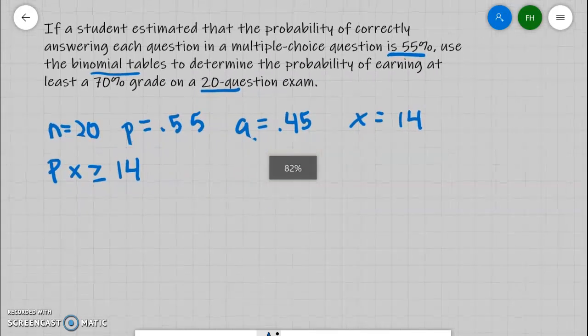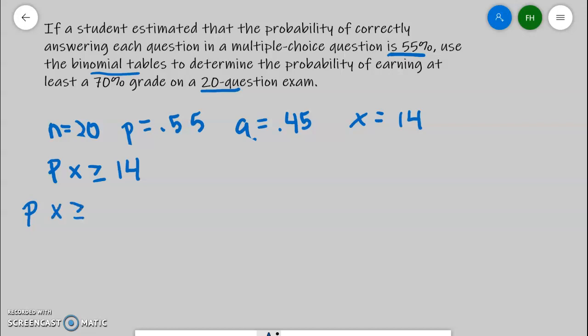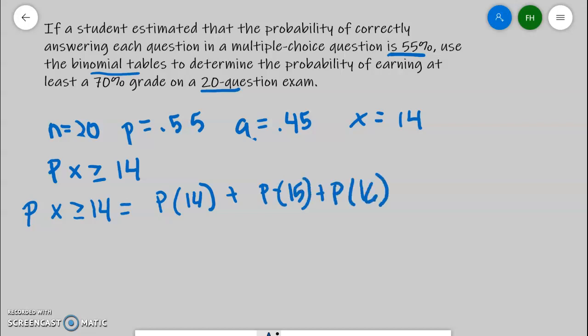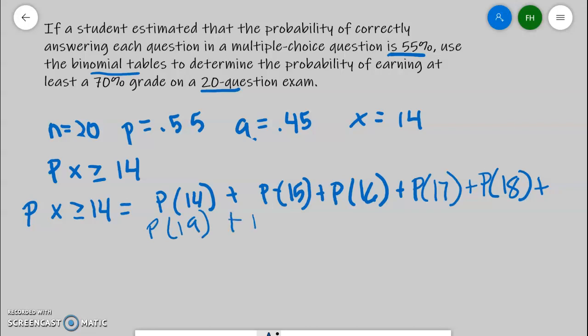So what we have to do is find the probability of X being greater than or equal to 14. So the probability of 14, the probability of 15, the probability of 16, the probability of 17, the probability of 18, the probability of 19, and the probability of 20.